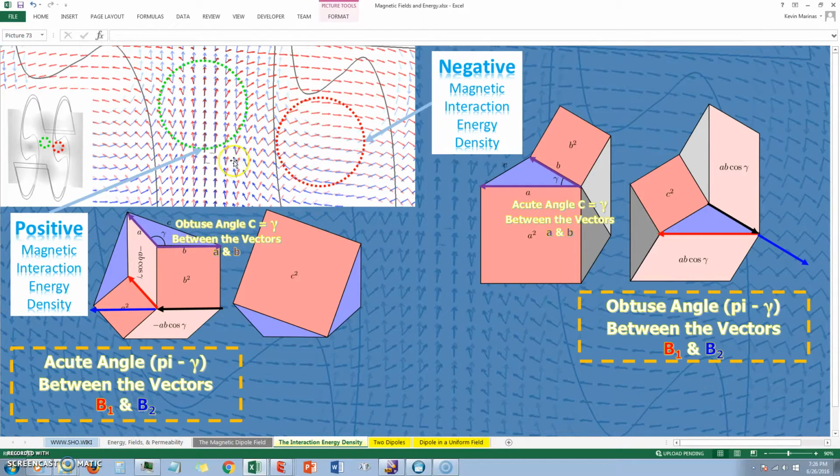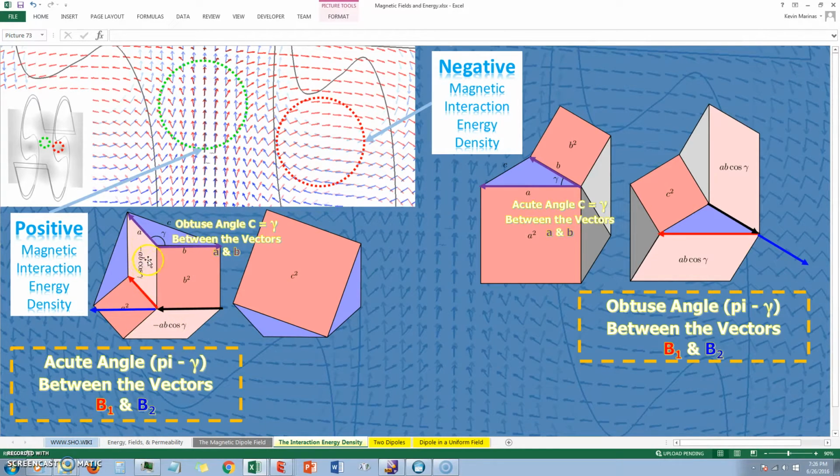Now you can see, by looking at this, you got this a squared and the b squared and your c squared. If you take the area of this and add this area, you should get a value.